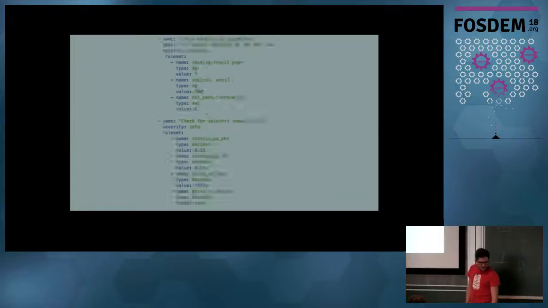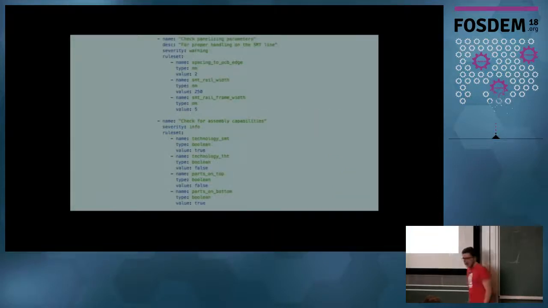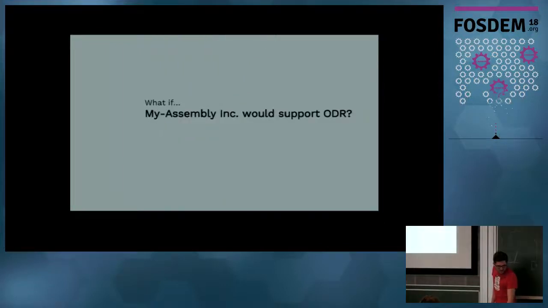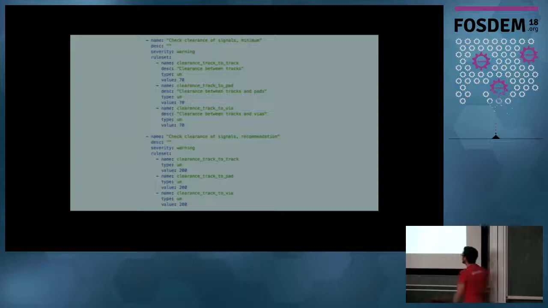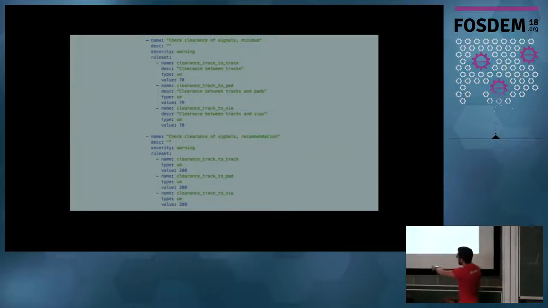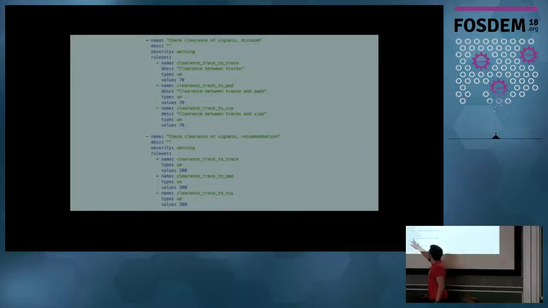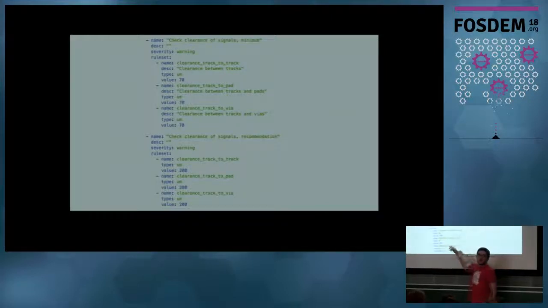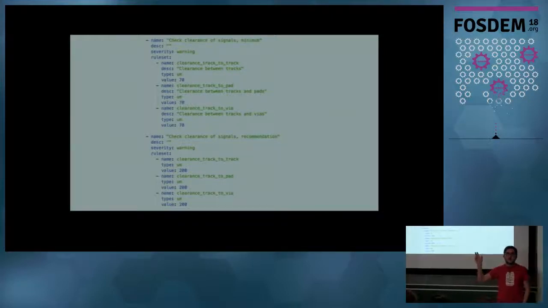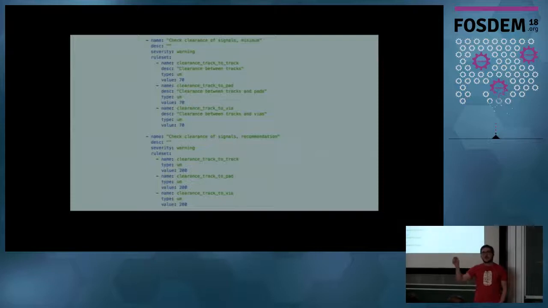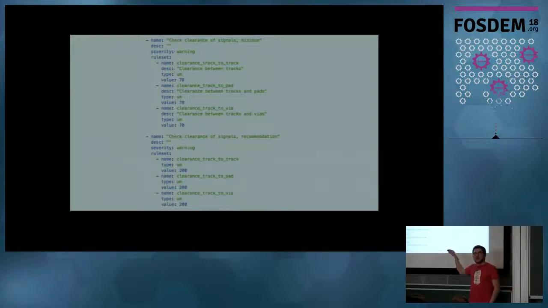What, for example, KiCad would have to deliver is something like, within the rule set there is this name, and KiCad would have to provide this value so that we can check against that. But this file format is really general.